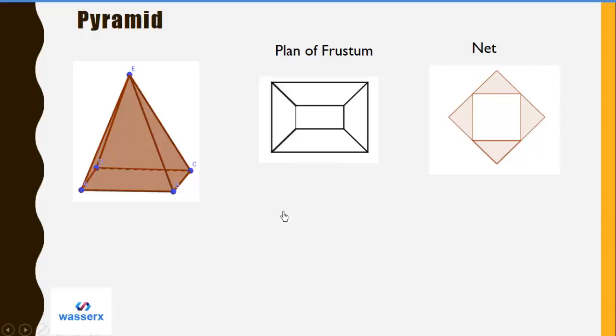Now we can find the volume of this pyramid using the formula 1/3 times base area times the height. So the nature of the base determines the formula. Then find the vertical height. Then we use it to find the volume. And to find the total surface area, we'll find all the areas of the surfaces making up the net of the pyramid and sum them up.